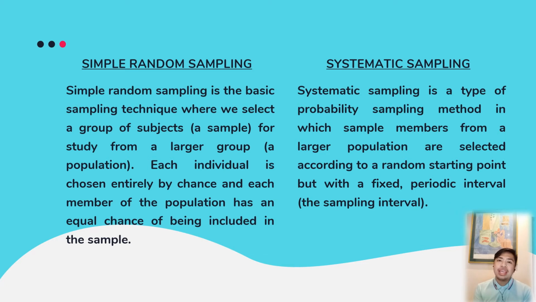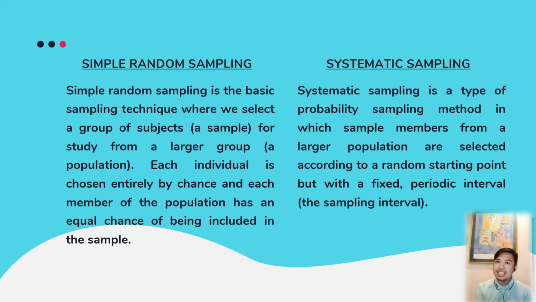Systematic sampling is similar to simple random, kaya lang meron siyang sinusunod na interval or meron siyang sampling interval. For example, I have a population of 1,000 students, and then I will use systematic sampling. For example, the sampling interval would be every fifth in the list. Okay?